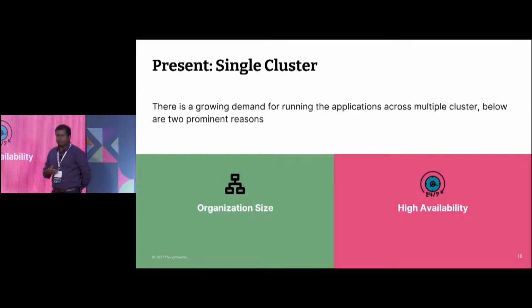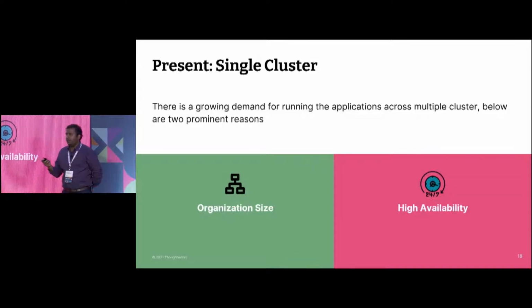But if you're scaling up and you want to segregate your clusters, for some reason you want to run particular services in one cluster and another set of services in another cluster, but you still want all the advantages of service mesh across these clusters. So how to do that?